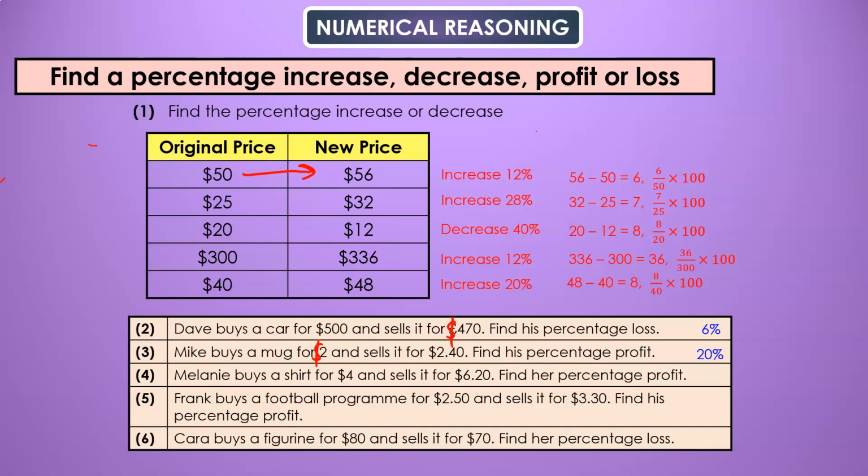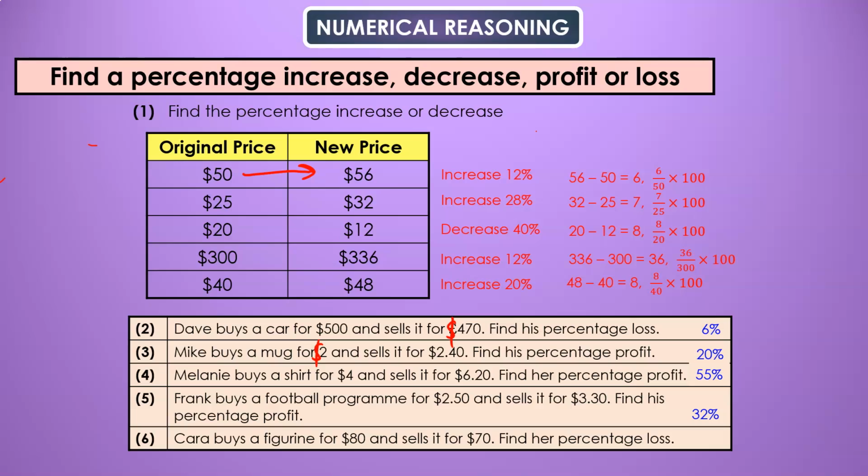Melanie buys a shirt for $4 and sells it for $6.20. Her percentage profit: it's $2.20 out of $4, which gives me 55%. Frank buys a football program for $2.50 and sells it for $3.30. Find his percentage profit.